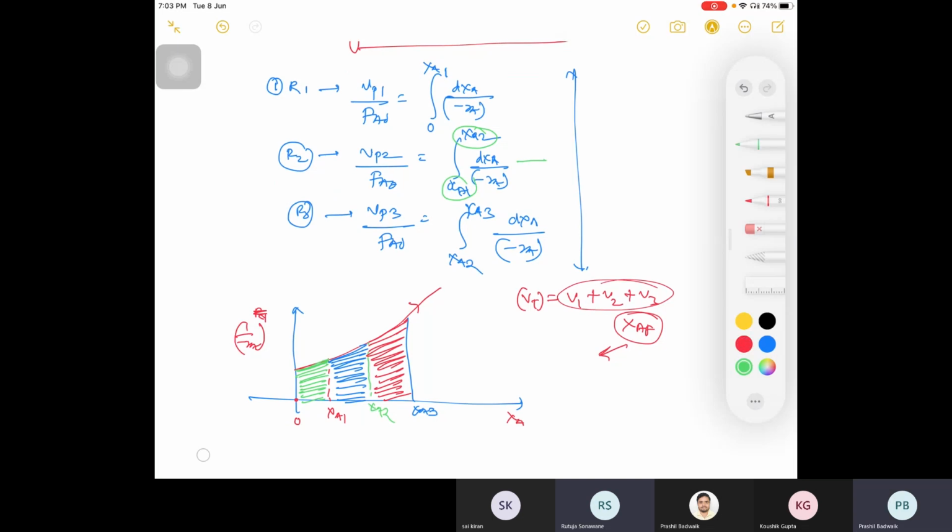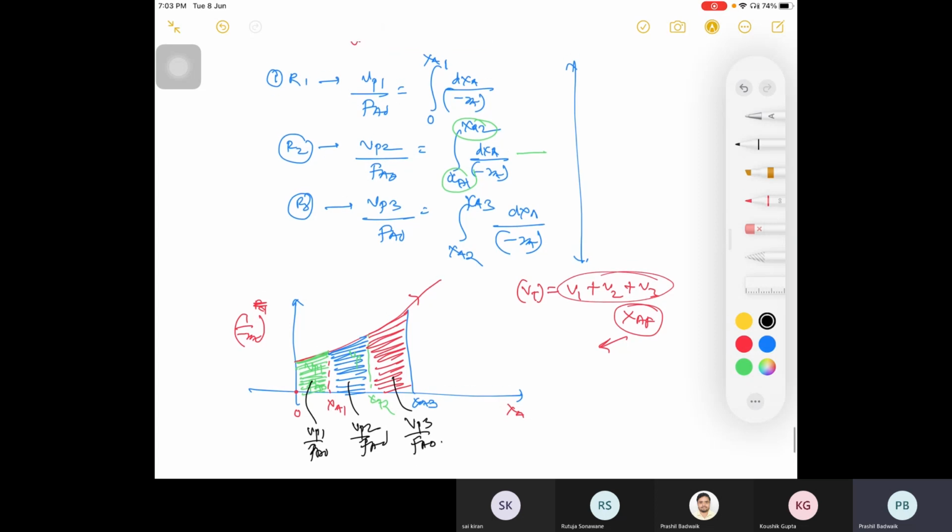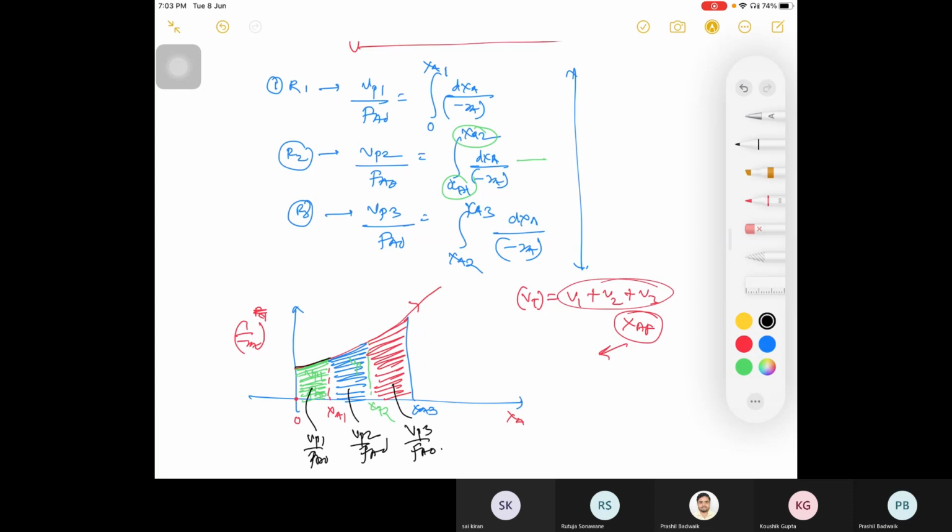So here you will get Vp1 divided by Fa naught, second is Vp2 divided by Fa naught, here Vp3 divided by Fa naught. Now I am having a single reactor, there I will get this curve, and if I get Xa3 as the final conversion, XAF, I'll be tracing this curve, so I'll get this black area, the total area. So what do you see here?